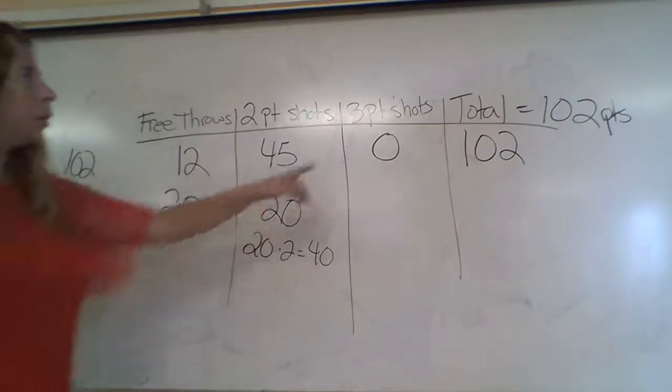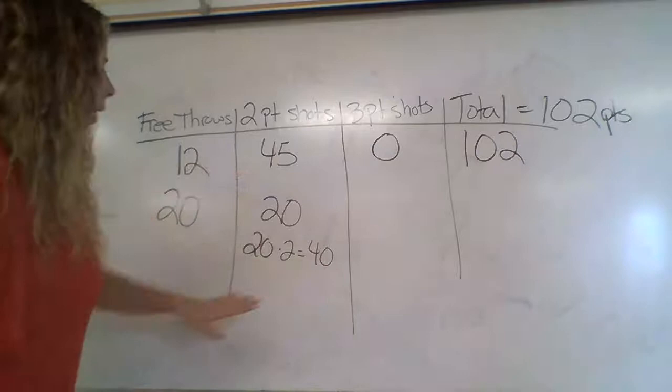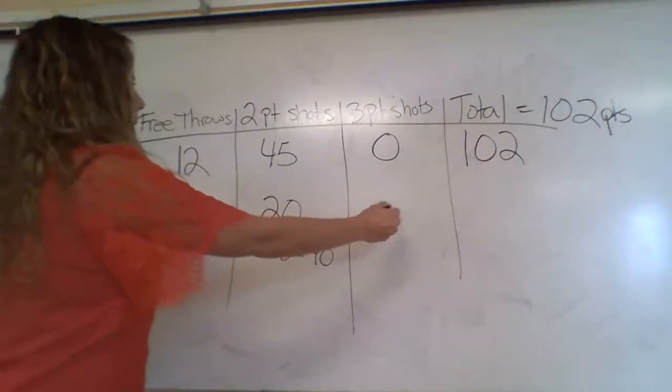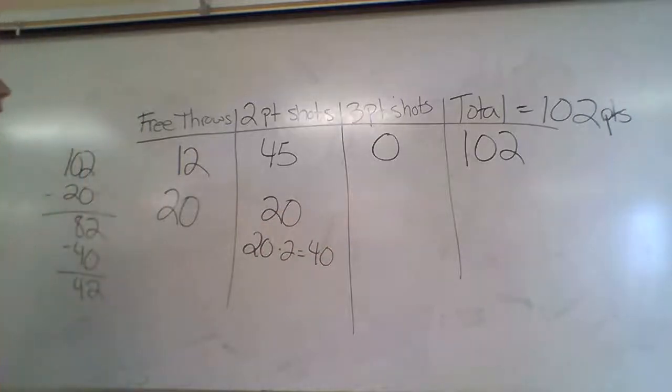All right, so 3 points. These are all worth 3 points. I need this number to be a total of 42 points. So 3 times what number is 42?